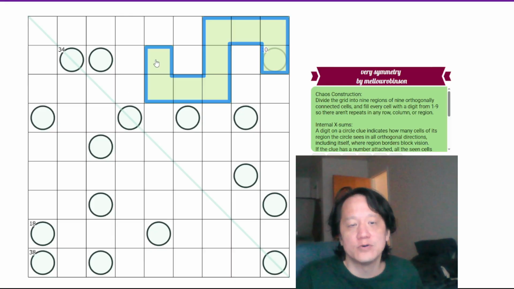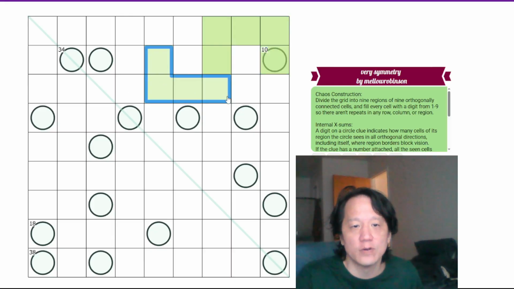So, for example, to get from here to here, you can go along these edges while staying within the region. So that's why this is a valid orthogonally connected region, because you can do that for every 2 cells in the region.